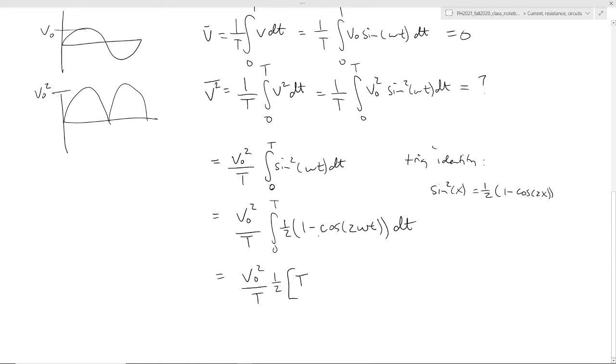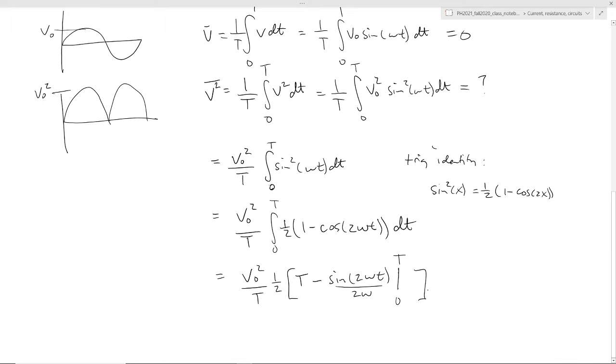And then for this piece, the integral of cosine would give us sine of 2 omega t. We would have a factor of 2 omega. And this would be evaluated from 0 to t.